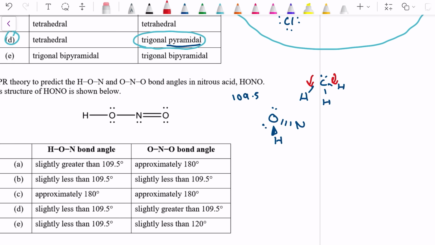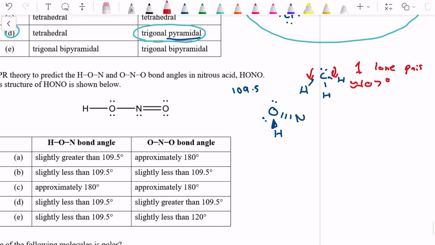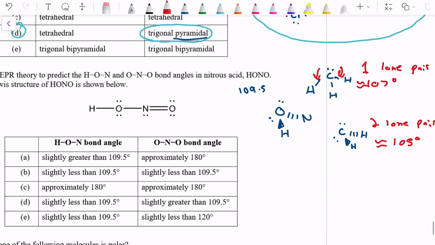One lone pair will reduce that bond angle of 109.5 to about 107. Now, let's consider the case with 2 lone pairs. If you swap out one more atom with another lone pair, this will get reduced to about 105 degrees. So adding lone pairs is going to decrease the bond angles.